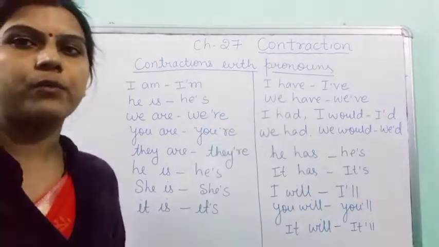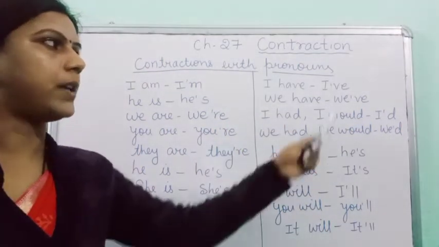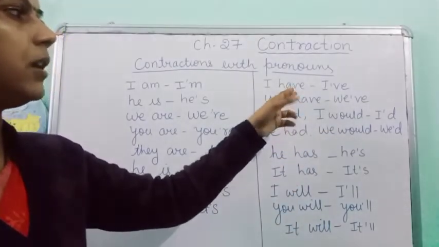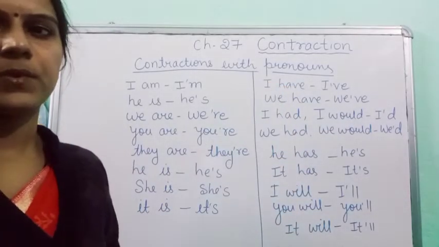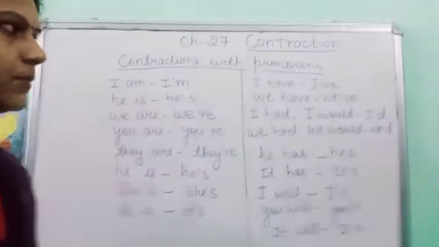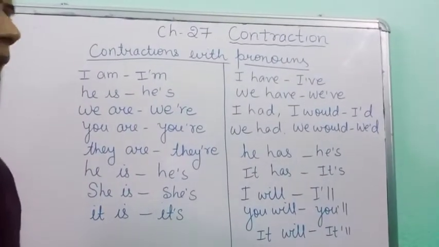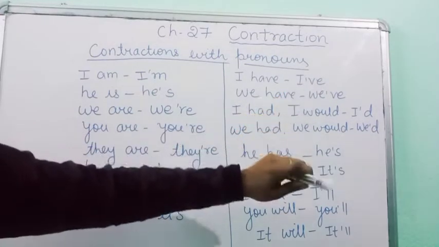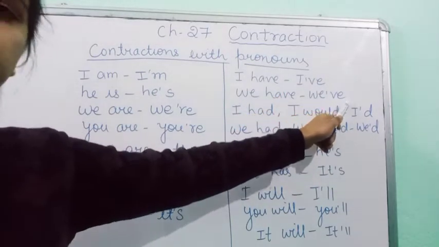I have, how do we write this? I have, I apostrophe ve. We have to omit two letters here, H and A. So we leave out these two letters: I apostrophe ve. We have, V apostrophe ve: we've.